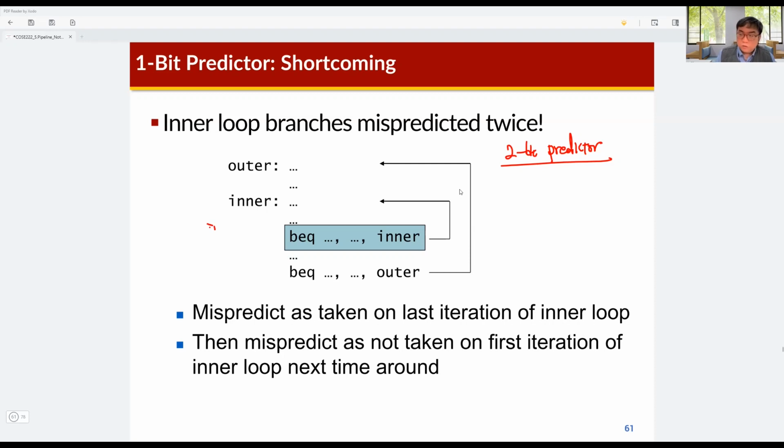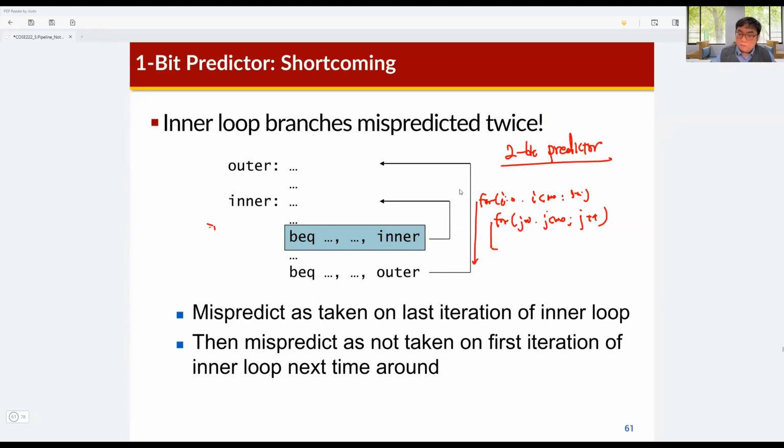So let's see this case. This code has two iterative loops, an inner loop and an outer loop. For example, for i equals 0, i less than 100, i plus plus, and then the nested loop, j equals 0, j less than 100, j plus plus. So this is the inner loop, and this is the outer loop.